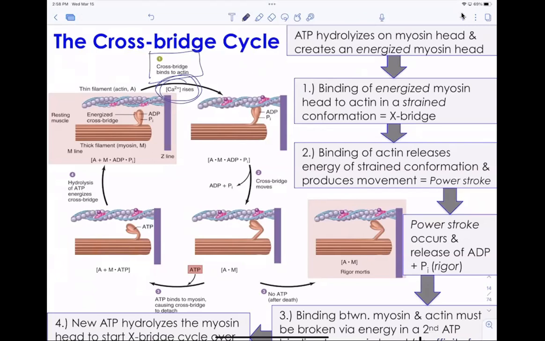That is going to depolarize the muscle cell, generating an action potential or electrical current that then travels down the T-tubules of that muscle fiber. And at every triad where the T-tubule passes by the sarcoplasmic reticulum terminal cisternae, it's going to open up voltage-gated calcium channels and allow calcium out.